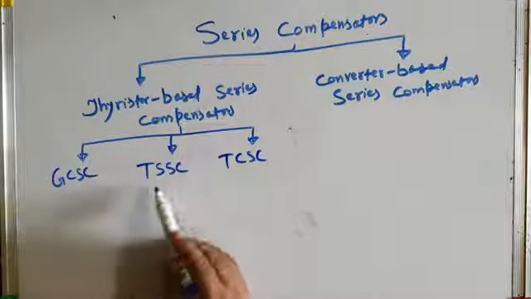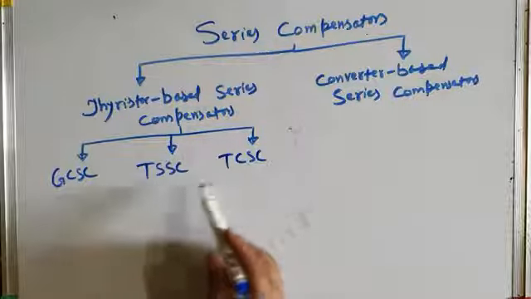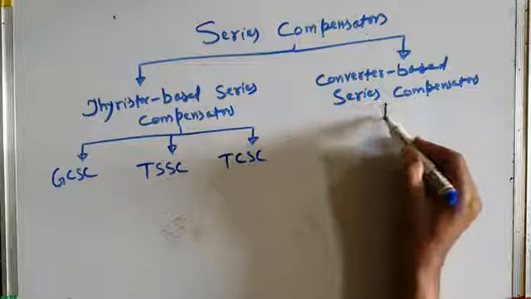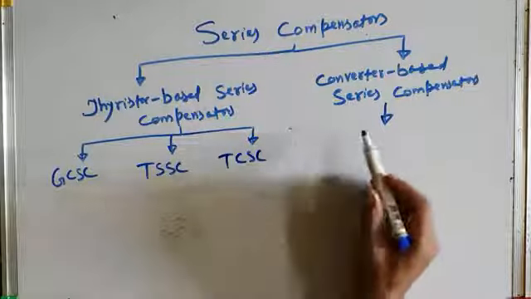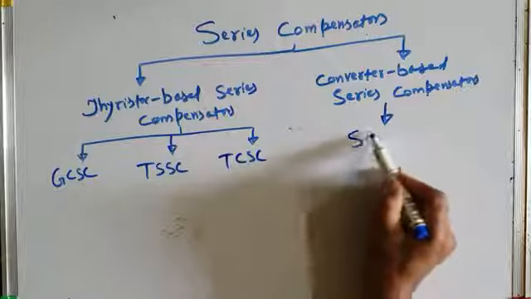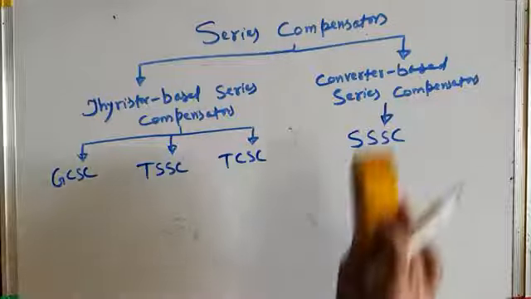So GCSC, TSSC and TCSC are the three types of thyristor based series compensators. As far as converter based series compensator is concerned, we have only one type, that is SSSC, static synchronous series compensator. Today I am going to discuss this converter based series compensator.